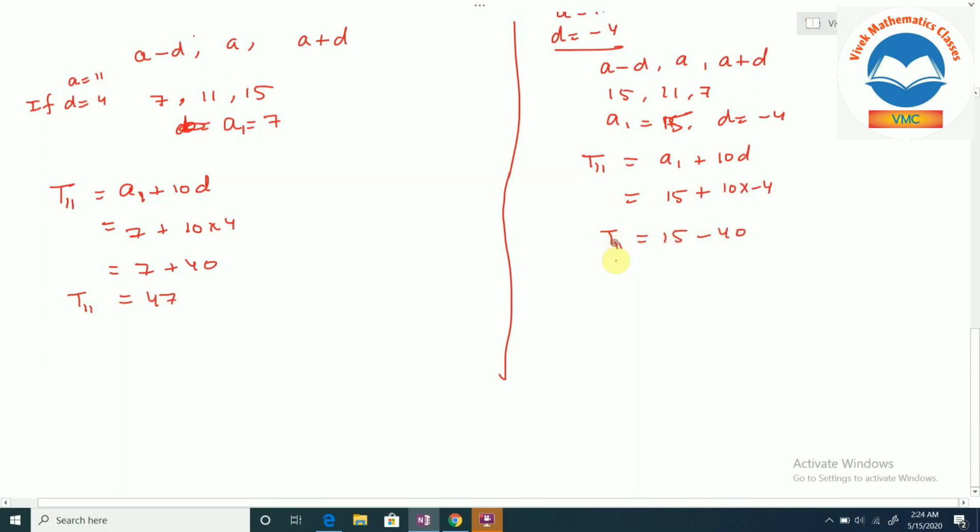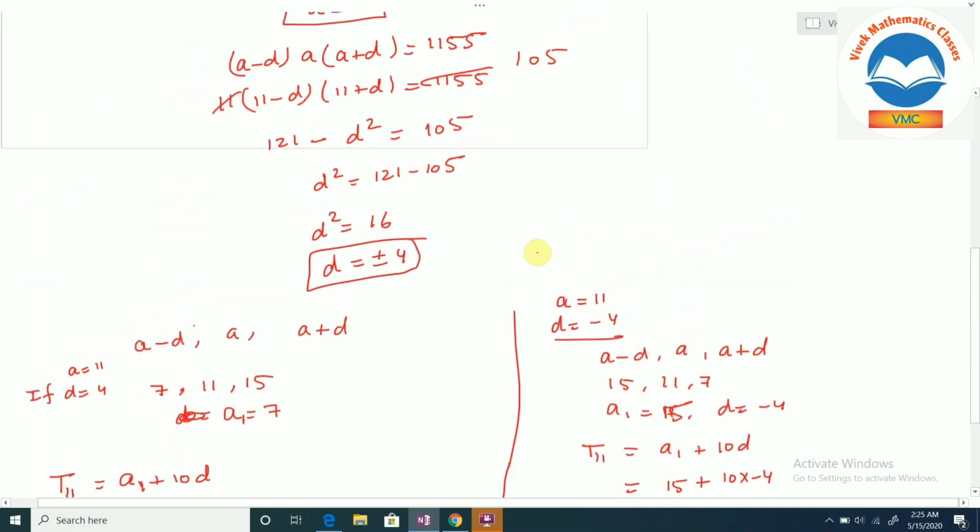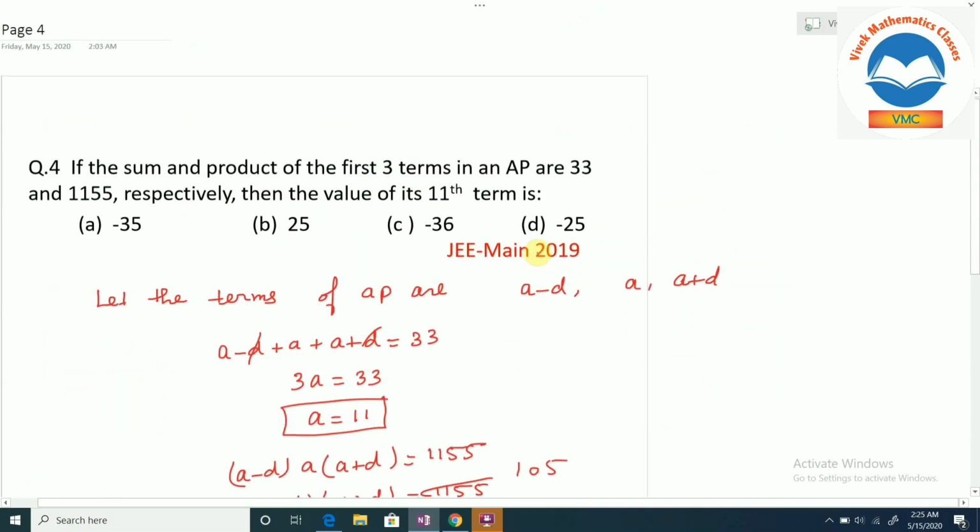So T11 will be minus 25. We will check whether any one of these is in the options. Minus 25, that option, will be your correct answer. So we will move to the next.